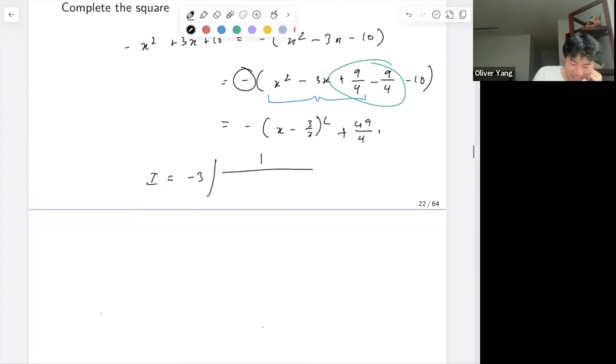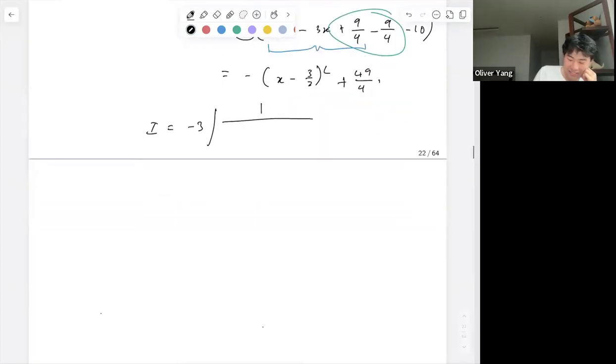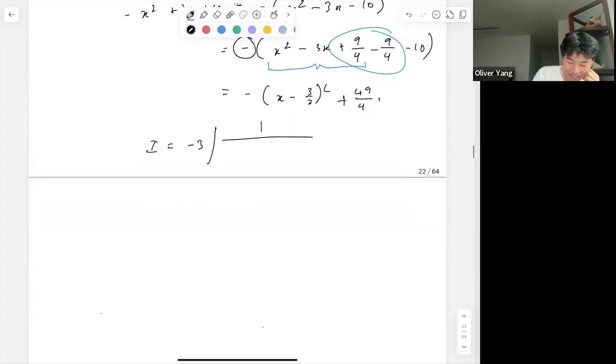So it's going to be 49 over 4 minus x minus 3 on 2 squared, dx.